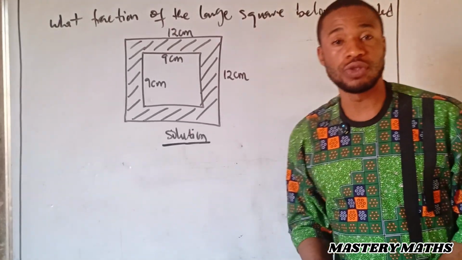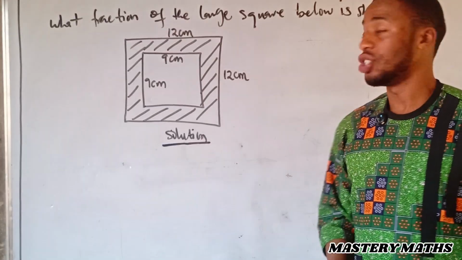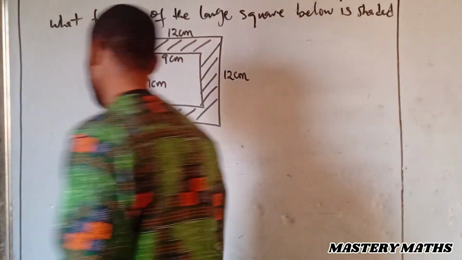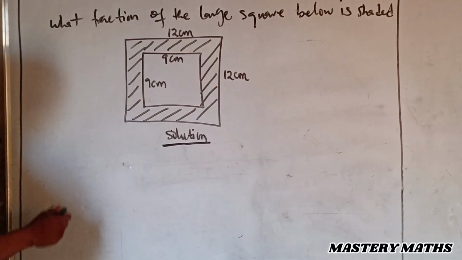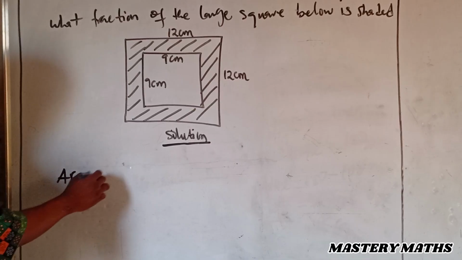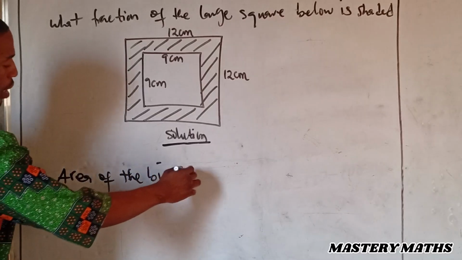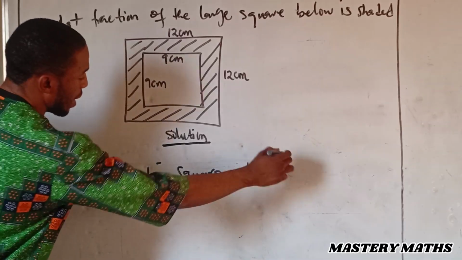Now, to be able to get the fraction of the large shaded square, how do we do that on the board? First of all, we find the area of the big square. Area of the big square is equal to length times length.